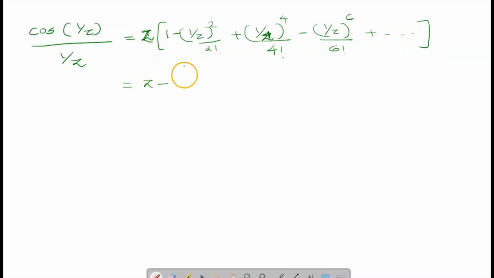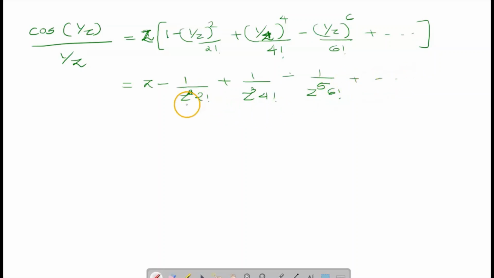It is z minus 1 by z 2 factorial plus 1 by z cube 4 factorial minus 1 by z raised to 5, 6 factorial, etc.